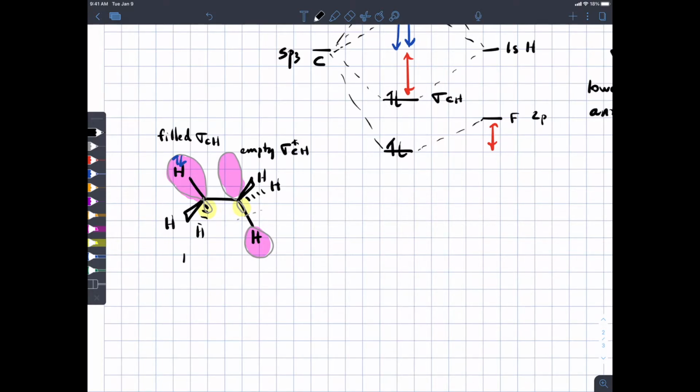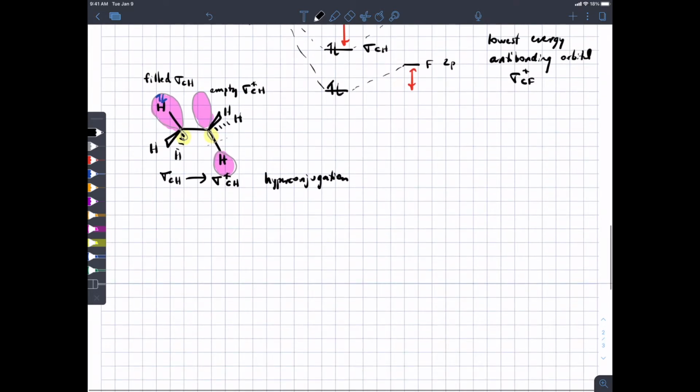The filled carbon-hydrogen bond can donate electron density into the antibonding orbital. That's called hyperconjugation. You can think of this as though there was some orbital mixing going on. So imagine having a carbon-hydrogen bonding orbital mixing with a carbon-hydrogen sigma star antibonding orbital.